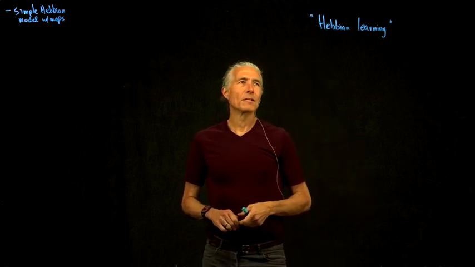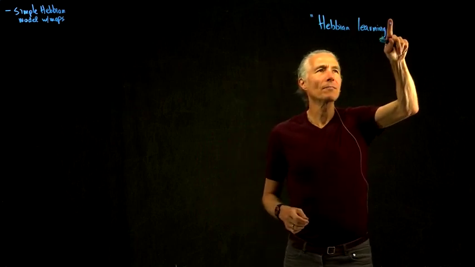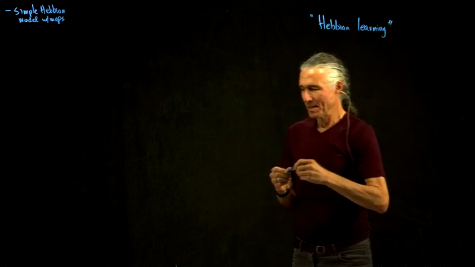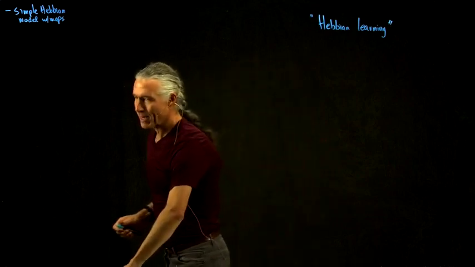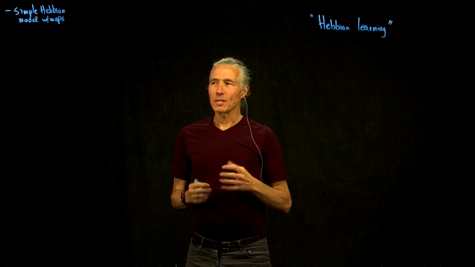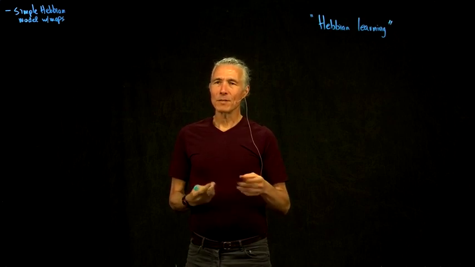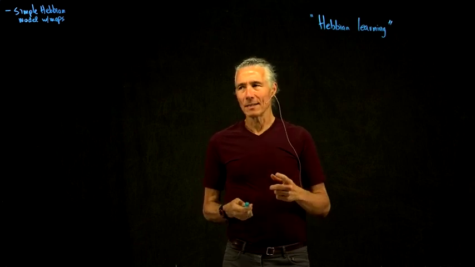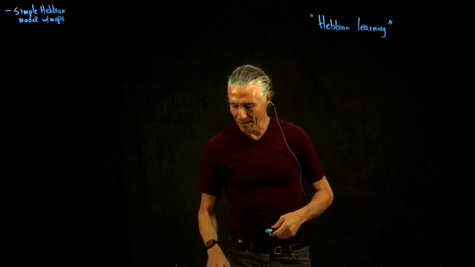And in general, when people say Hebbian learning, what they mean is some kind of learning rule, some kind of rule for changing the strength of connections between units or between neurons that depends on correlation.